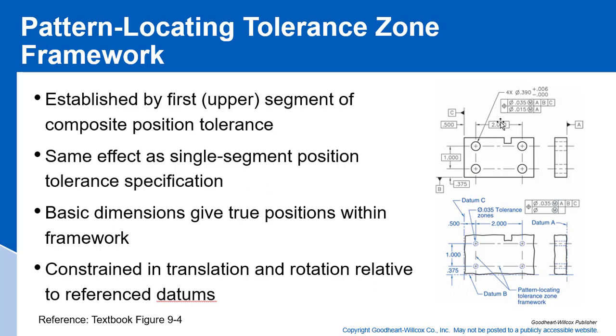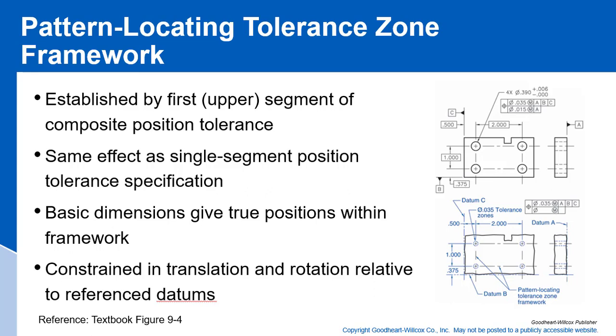That would be the true positions from the referenced datums. And it's constrained in translation and rotation relative to all of the referenced datums. So that's what that means. It's pretty much just what we talked about in Chapter 8 with the single line feature control frame. That is the pattern locating tolerance zone framework, and this describes what that means.